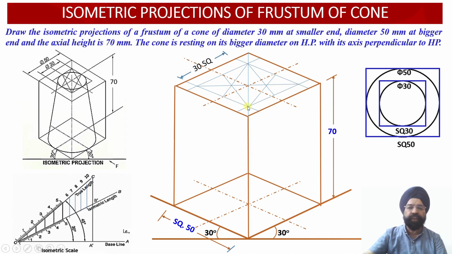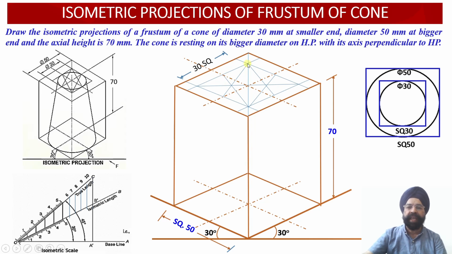Corresponding to this corner, please check, the opposite edges are this one and this one. So from this point, the first projector is drawn. From this point, once again the second projector is drawn.